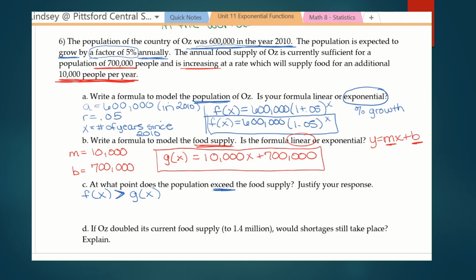Okay, so let's go ahead and do that. Take a second, graph in your calculator, and you can take a look. You can see how our population is an exponential function, an exponential growth. You can see that curve increasing from left to right. You can look at the food supply linear function, this nice straight line that is also increasing because it has a positive slope.